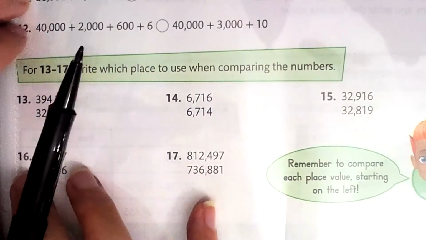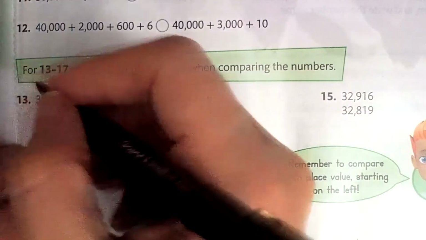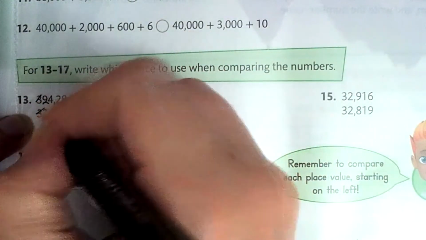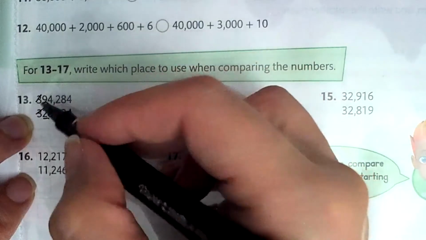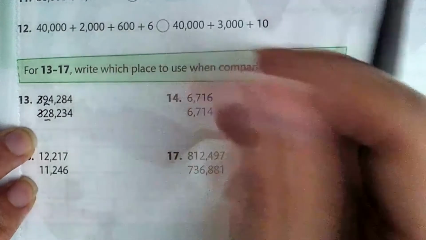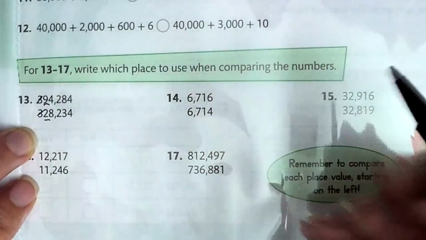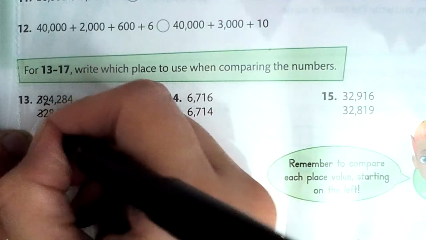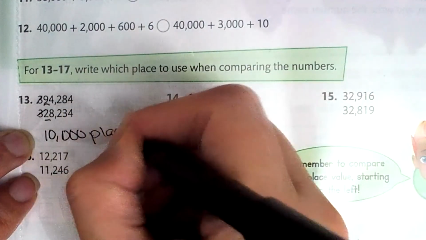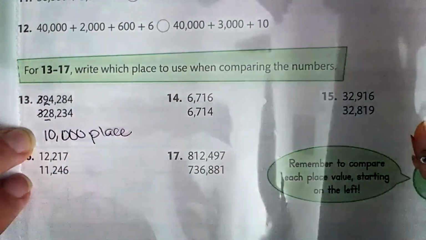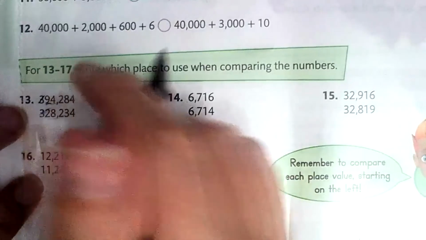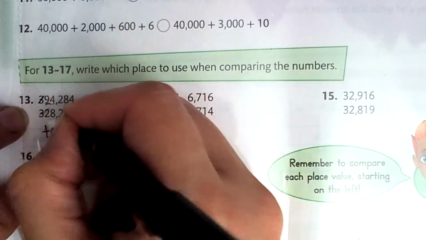So for example, for number 13, I'll do this one with you real quick. 3s are the same. This second digit right here is different. There's a 9 in this one, and there's a 2 in the one under it. So this place value is the 10,000s. So over here, you're going to put 10,000s place. Or you could write it out with words and say the 10,000s.